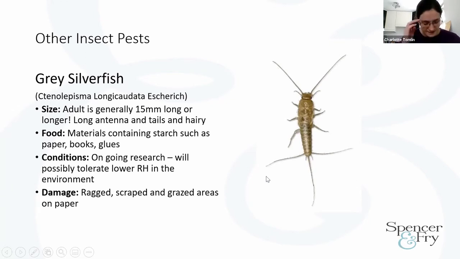And instead of being silvery, it's more dull grey, hence its name, grey silverfish. But it likes the same kind of food. There's ongoing research, but it's suggested that this silverfish can survive in lower RH, so it may become a bigger problem in museums. And again, it creates the same kind of damage.